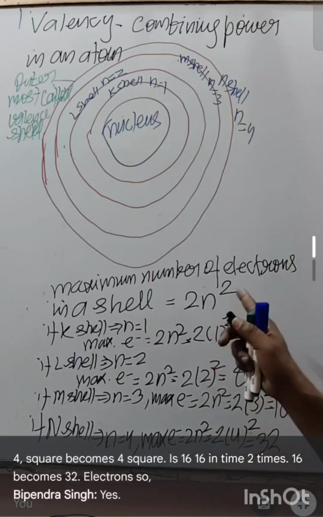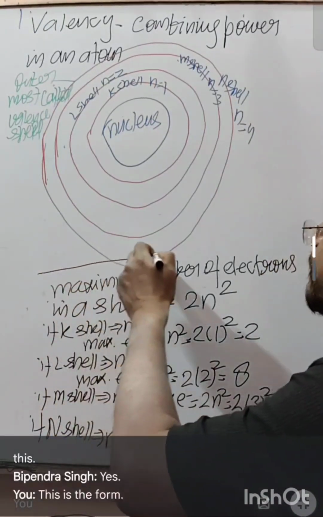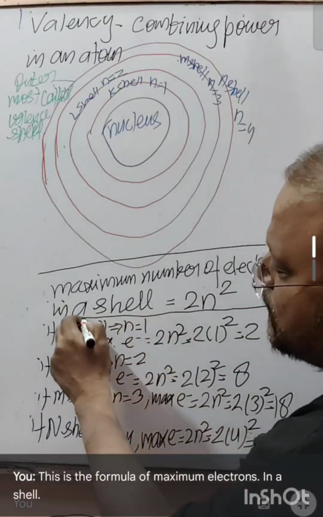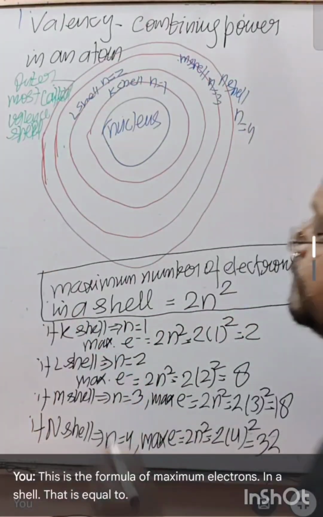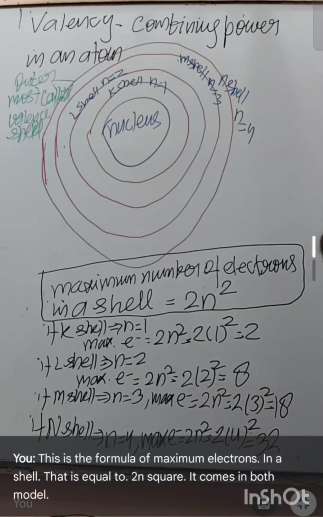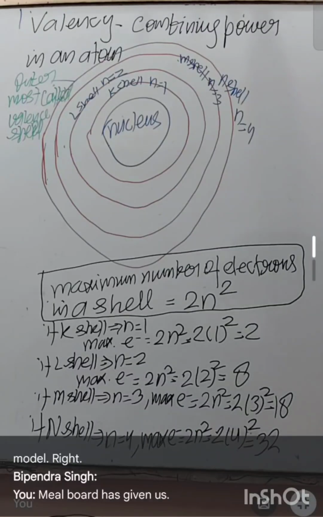So I hope your teacher told you this. This is the formula of maximum electrons in a shell, equal to 2n square. It comes in Bohr's model. Yes, sir. Niels Bohr has given us this concept.